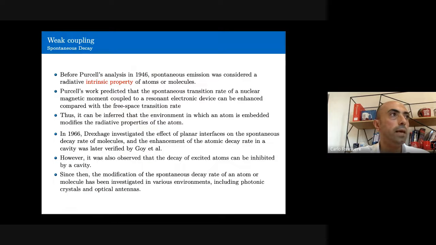The weak coupling regime is very important because it's dominated by the Purcell factor, because Purcell 70 years ago predicted that the spontaneous transition rate of an emitter can be modified by the environment. So this is telling us that we can use a nanostructure in order to engineer the emission rate of an emitter.